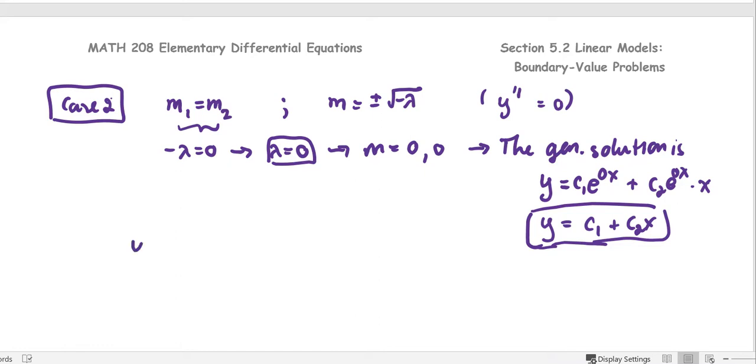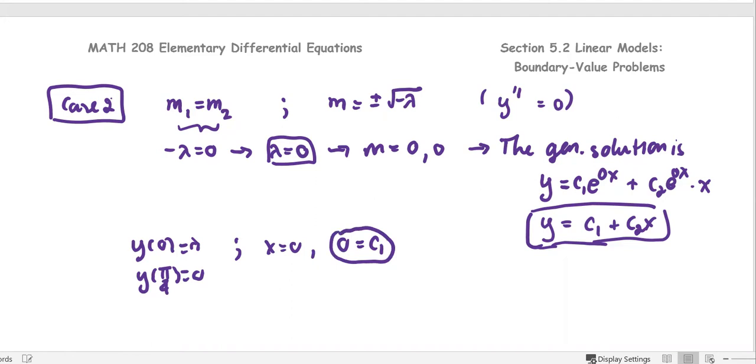And now use the conditions again: y at 0 equals 0, y at pi over 4 equals 0. For x equals 0, y is 0 equals c1 plus c2 times x, which is c2 times 0. So it already gives us c1 equals 0. This one is gone. Now it just comes down to c2 times x.